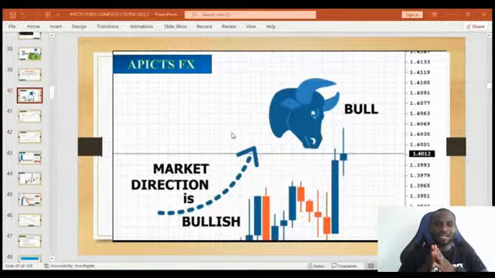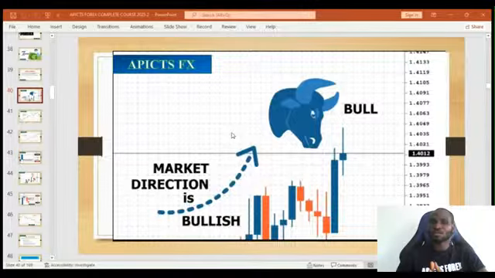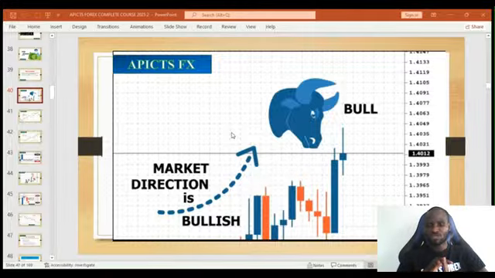So imagine I'm on a group and I'm telling you, go bullish on this particular trade. You can't be asking me, what does that mean? What will I do? No, please. That is why this training is important. If I'm saying buy that trade, it is the same thing as go bullish on it, the same thing as go long on it.